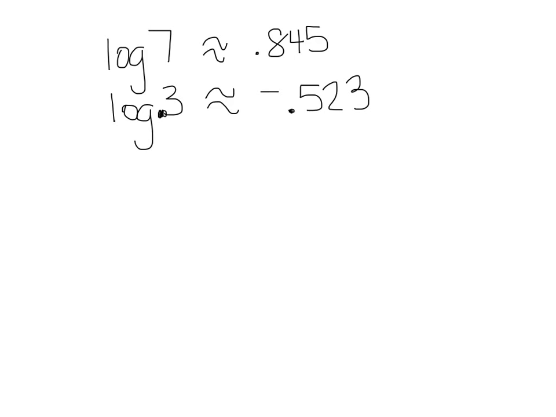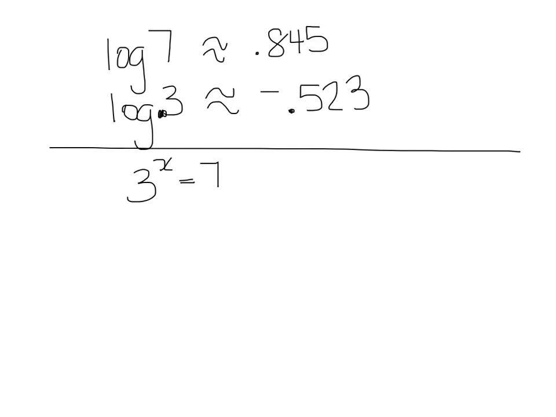And since we have the logarithm on our calculator, we can often use those to help us solve some equations. So in the past, we would have an equation that looks like this. 3 to the x is equal to 7, right? And we would solve this this time because we know we can take a log of both sides. So what we're going to do is we're going to log both sides.